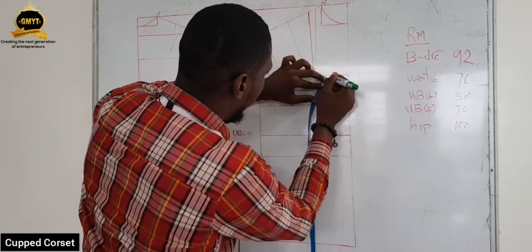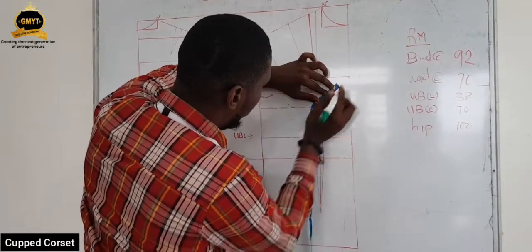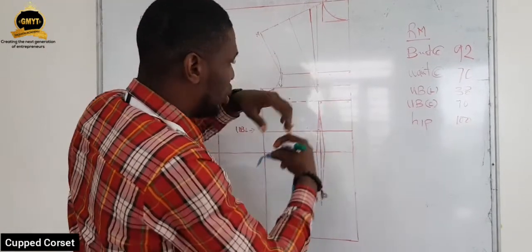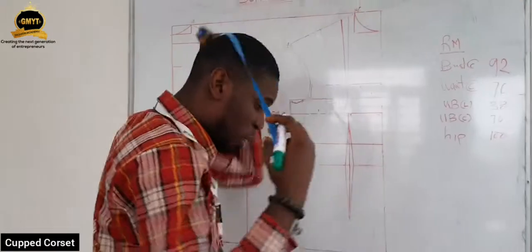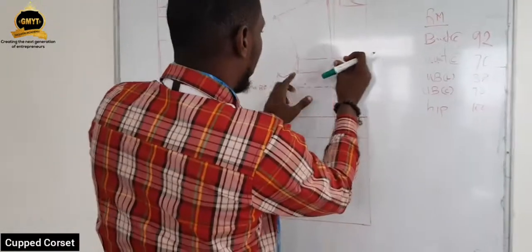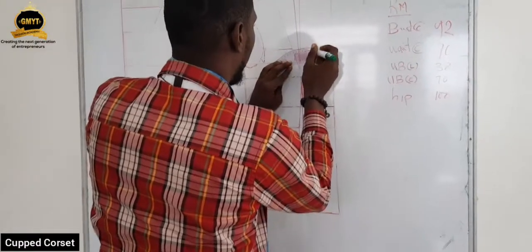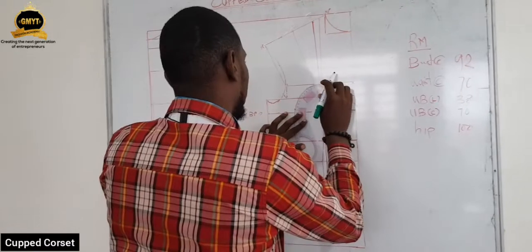If you have your compass, it's going to work better. All you need to do is just place it on the point X, and then you take it all around directly.